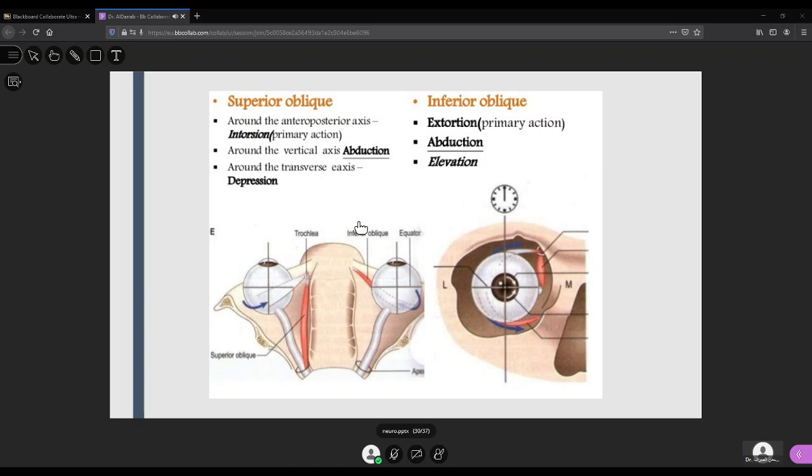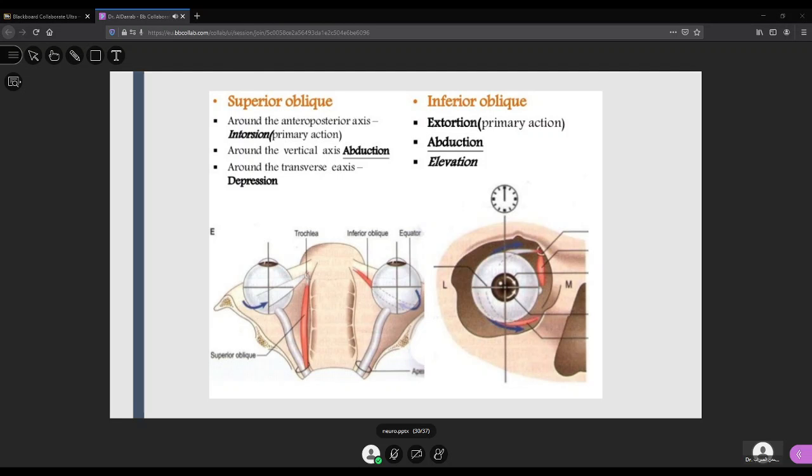These actions are very important, of the superior oblique and the inferior oblique. You should know this very well. As we said, we have primary and secondary actions. So the superior oblique, here is where it ends. Imagine the muscle ends here at the insertion.